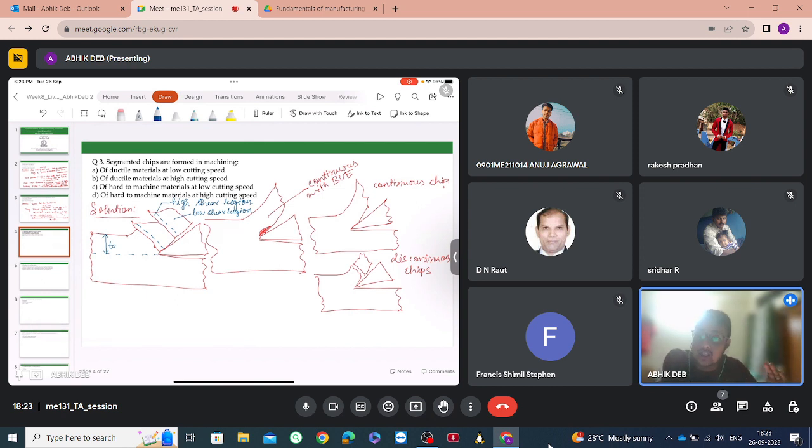The segmented chips are found in the machining of difficult to machine materials or hard to machine materials like nickel alloys or titanium alloys. So difficult to machine materials, if machined at a higher cutting speed, then segmented chips are formed.